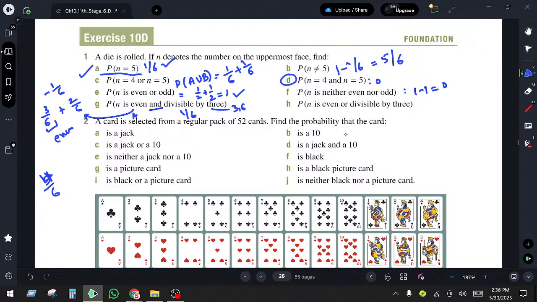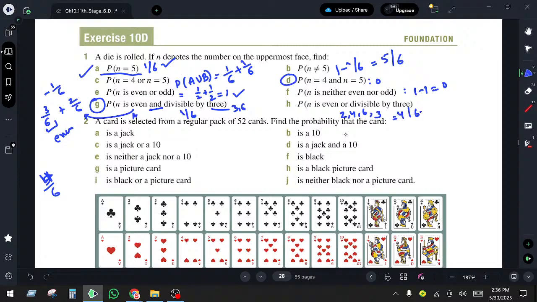Okay. What is n is even or divisible by 3? Even means 2, 4, 6, or divisible by 3 means you have to add one more, because of 3. So it is 4 by 6.